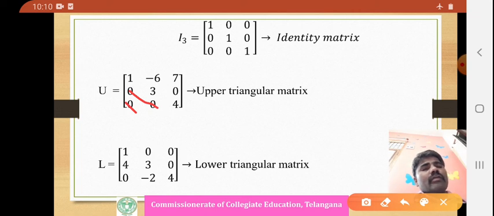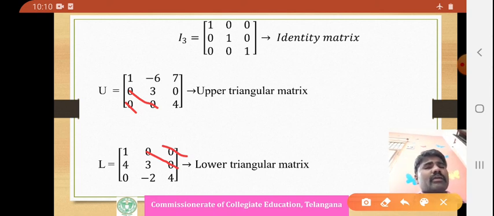Similarly, the lower triangular matrix. For a lower triangular matrix, elements above the principal diagonal are zeros. That means a12, a13, a23 are 0. All the elements above the principal diagonal must be zeros.